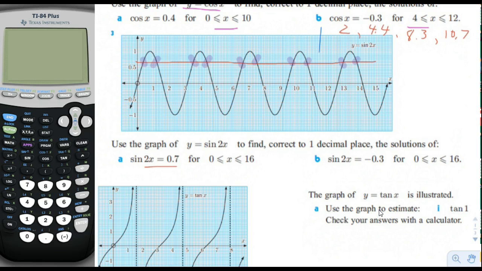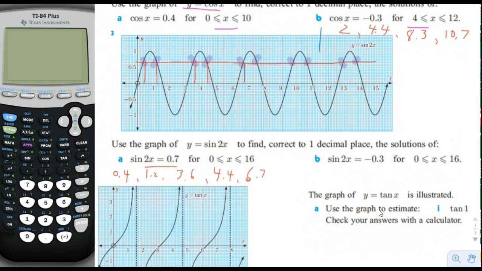Let's see, where are the solutions? That's one, it's like 0.4. Here's another one, like 1.2. Here's one about 3.6. Here's one about 4.4. Here's one about 6.7.